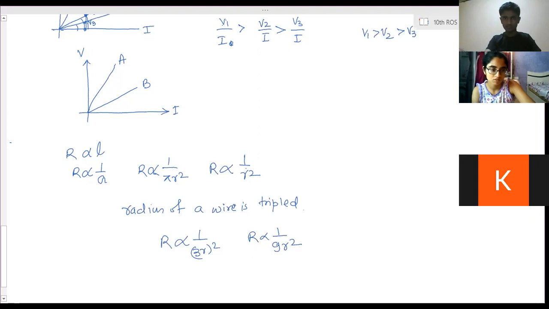Okay, and then resistivity. What is the definition of resistivity?